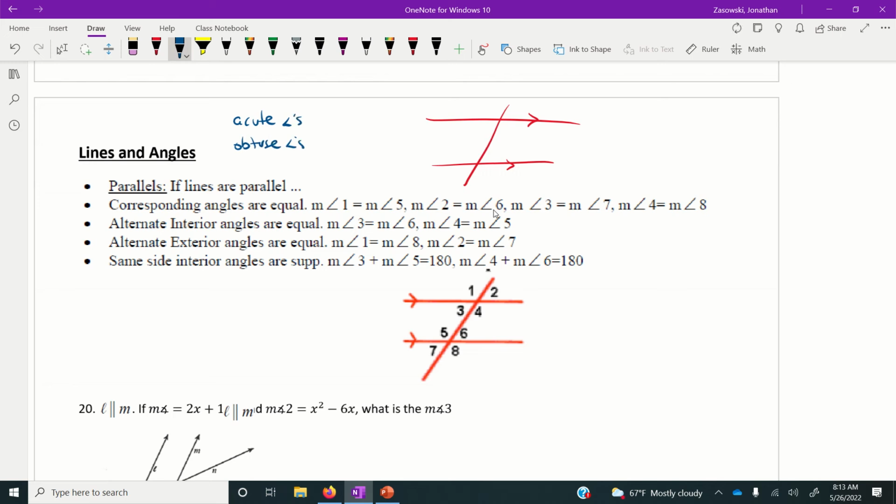And there's a combination of acute, A-C-U-T-E, let's spell that right, and obtuse. So if you have two acute angles, remember that they are congruent. Two obtuse angles are going to be congruent. And if you put an acute and an obtuse together, you're going to make 180.